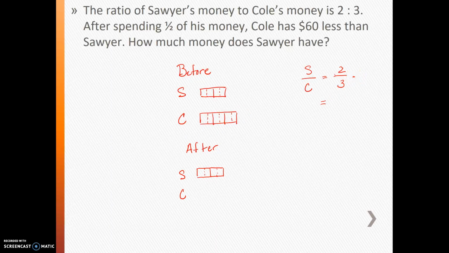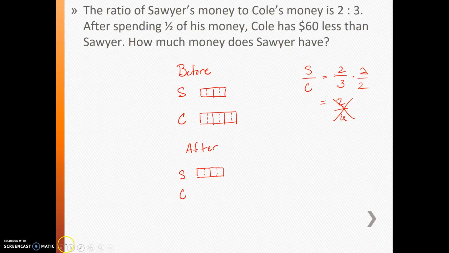What I'm doing basically is multiplying Cole's units by 2, so I would end up with a completely different fraction, right? I'd end up with 2 to 6, which is not legal in fraction land. So I can find an equivalent fraction by multiplying by 2 over 2, but I can't just multiply the denominator by 2. That doesn't work. We all know that's not okay.